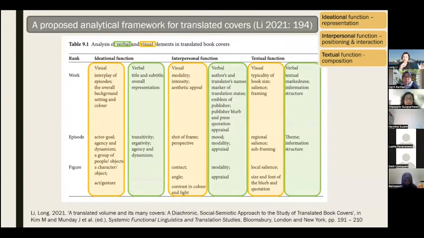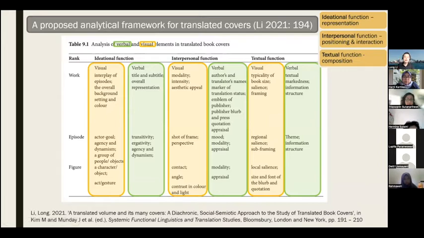Now, based on the visual grammar and other methodologies and theories, I have proposed a framework which enables us to analyze both the verbal and the visual elements in translated book covers. You don't have to read everything here. Basically, I want to show that all the different systems are divided into the three functions. And the rank basically means the rank of language.